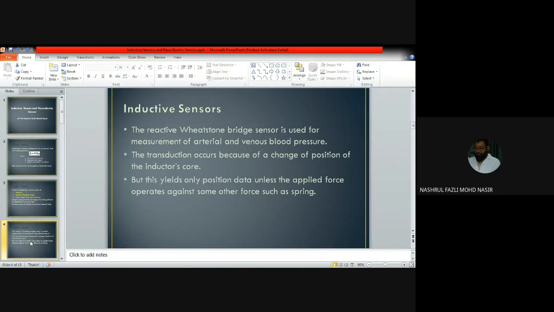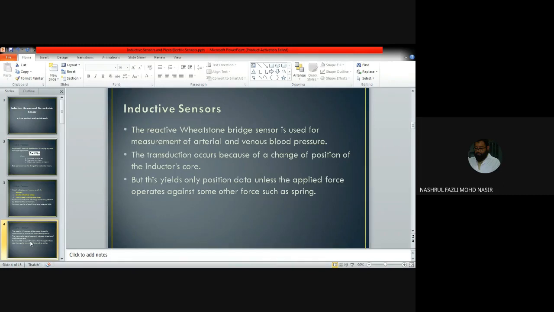If you still remember how blood pressure is measured, once you let go of the pressure, you can hear the cough sound. So the inductive sensor is very good to detect arterial and venous blood pressure.